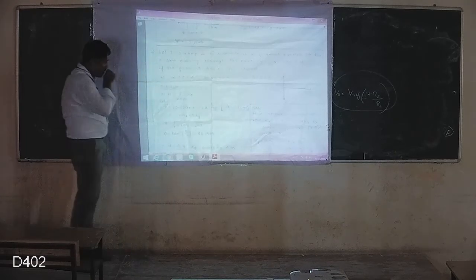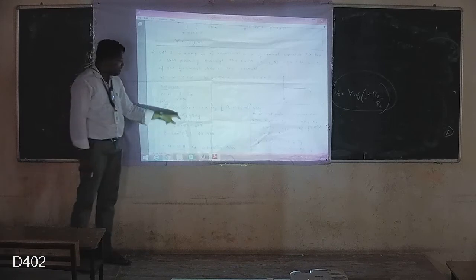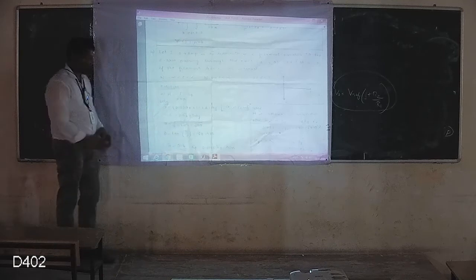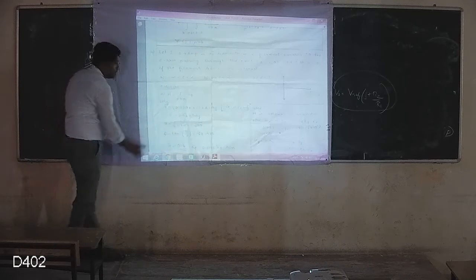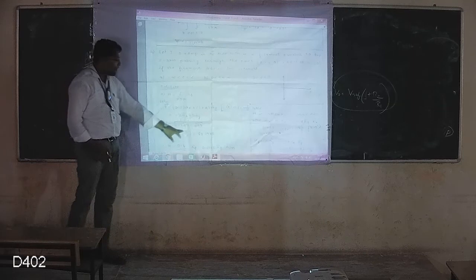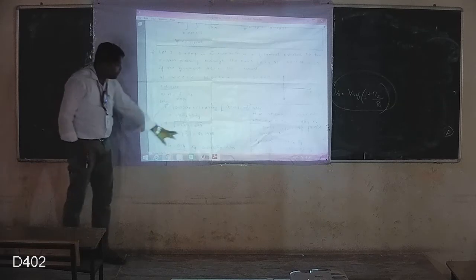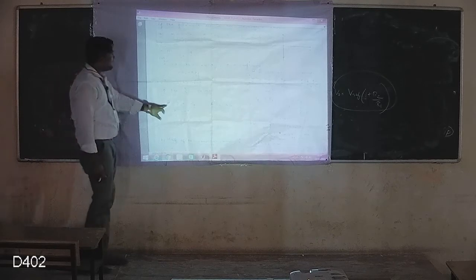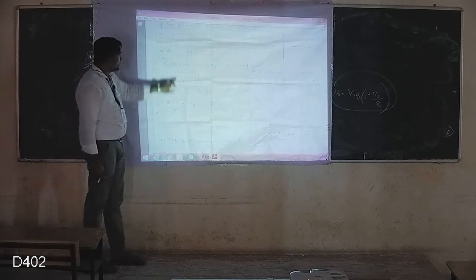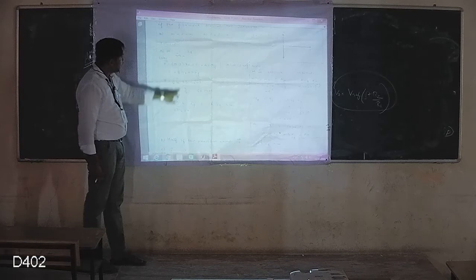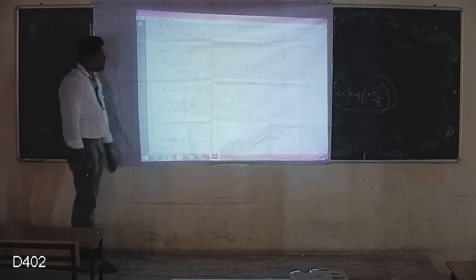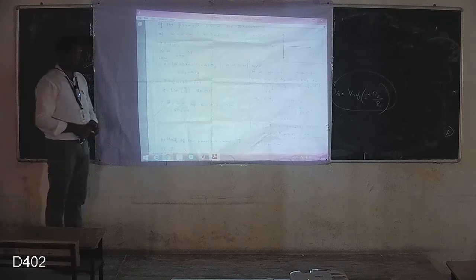The modulus of R is the square root of 2 squared plus 5 squared, which happens to be root 29. For the time being, let us calculate phi equal to tan inverse of 5 by 2, which is 68 degrees. H vector is equal to I divided by 2 pi R, with R equal to root 29, in the a phi direction, and the answer is 0.011 a phi ampere per meter.